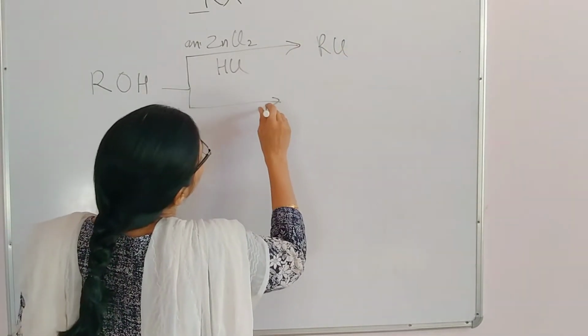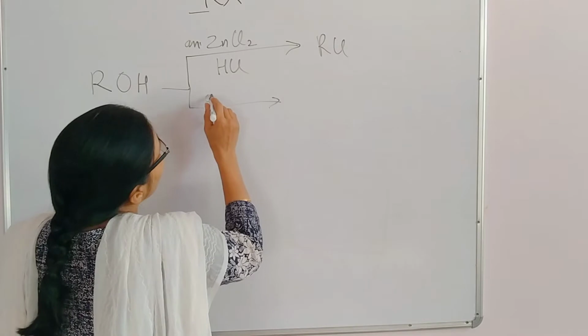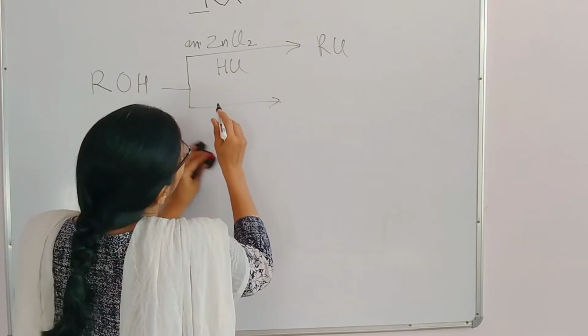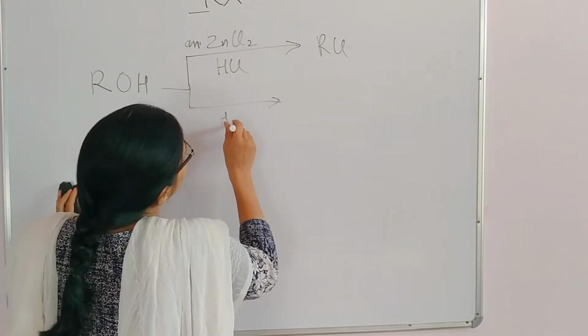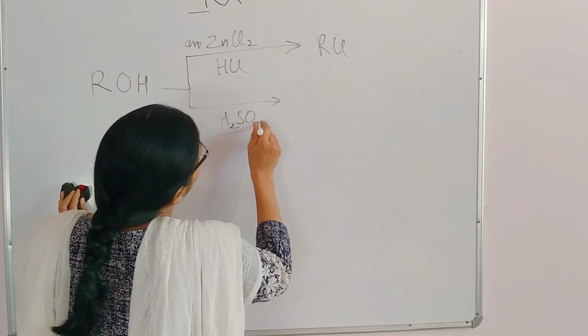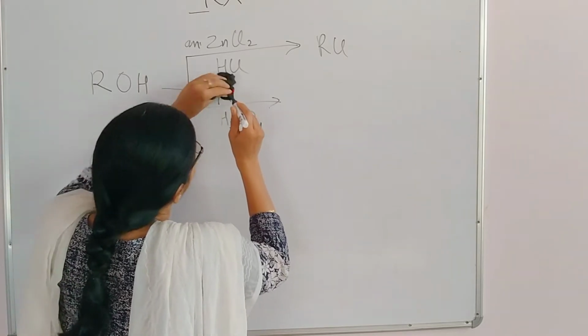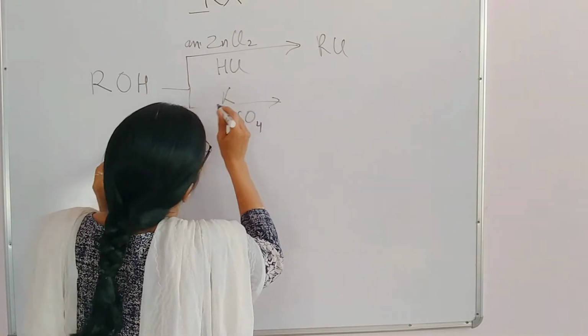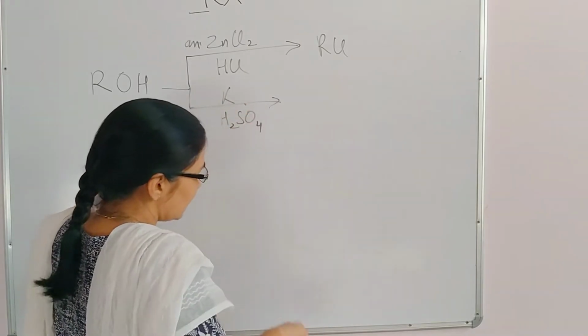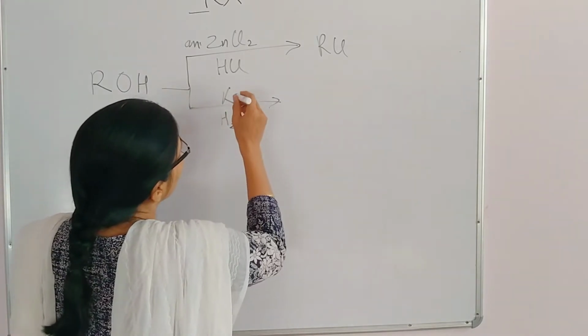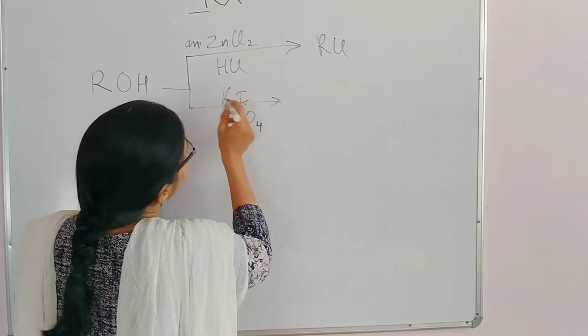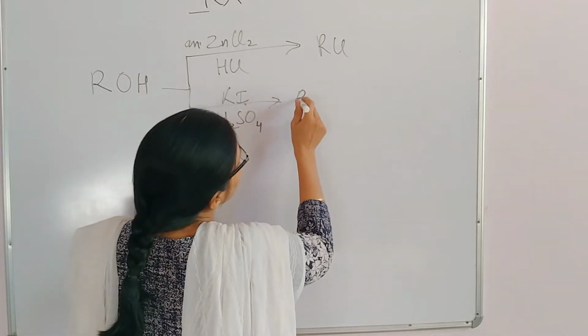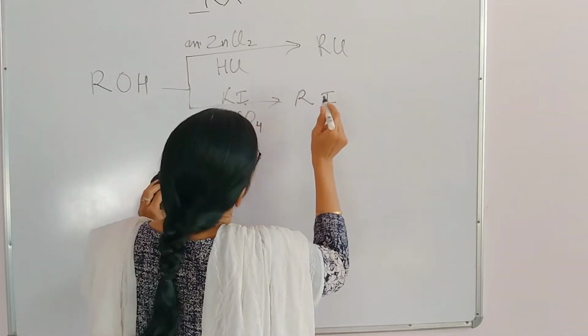Number 2, that is H2SO4 and KI, HI will form here only and there is formation of RI.